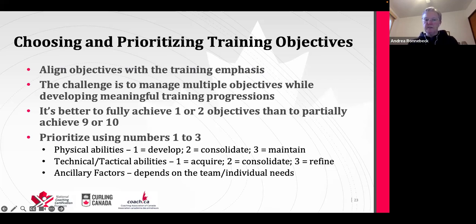So physical abilities, number 1 would be to develop, 2 is to consolidate, and 3 is to maintain. When it's the technical and tactical abilities, 1 is to acquire, 2 is to consolidate, and then 3 is to refine. The ancillary factors depends on the team and individual needs.